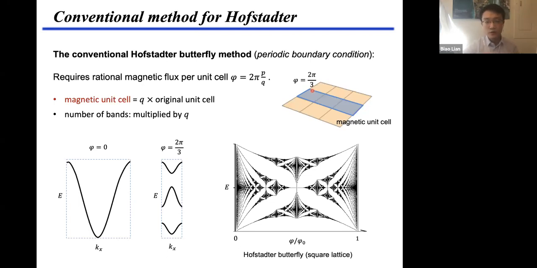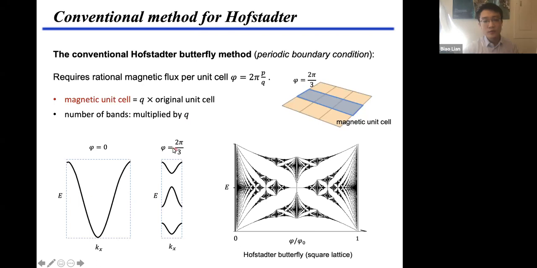And this actually recovers the translational symmetry, and one could calculate the spectrum just as usually what we do for the Bloch bands. But because the unit cell becomes Q times larger, the number of bands in such a calculation actually increases by a factor of Q.